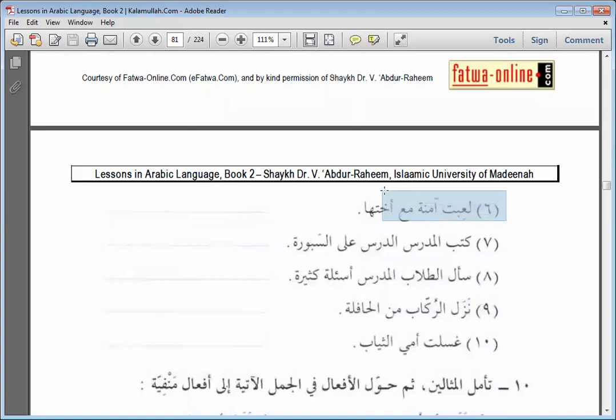Right, number 6. Who wants to try this one? لعبت آمنة مع أختها. Change it to present tense. So لعبت, but change to what? تلعب.